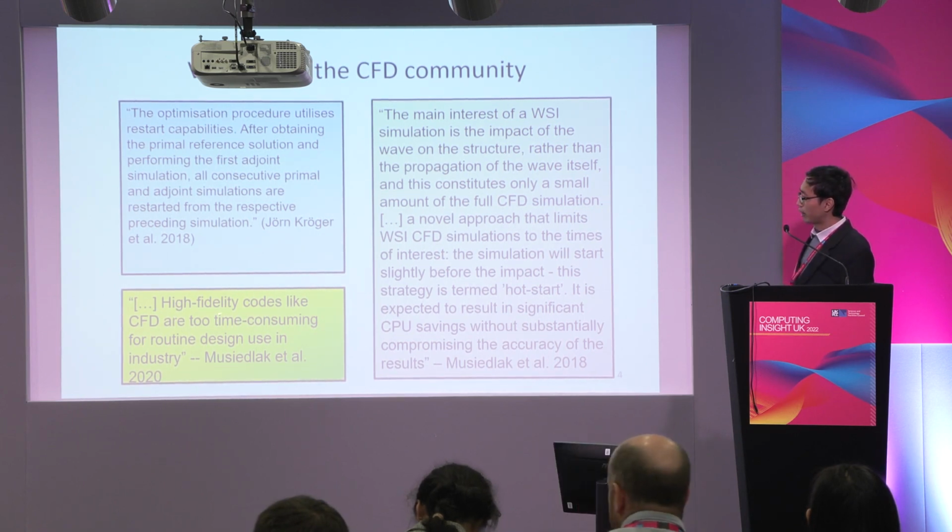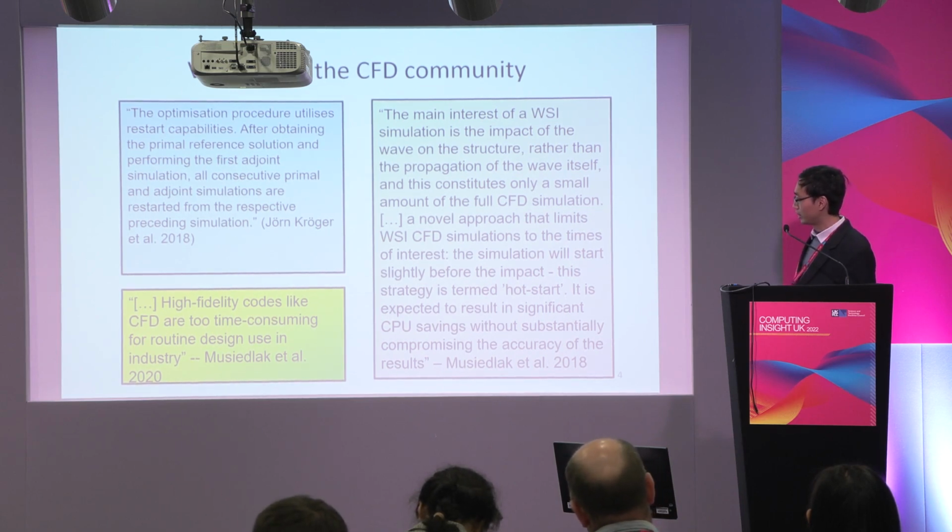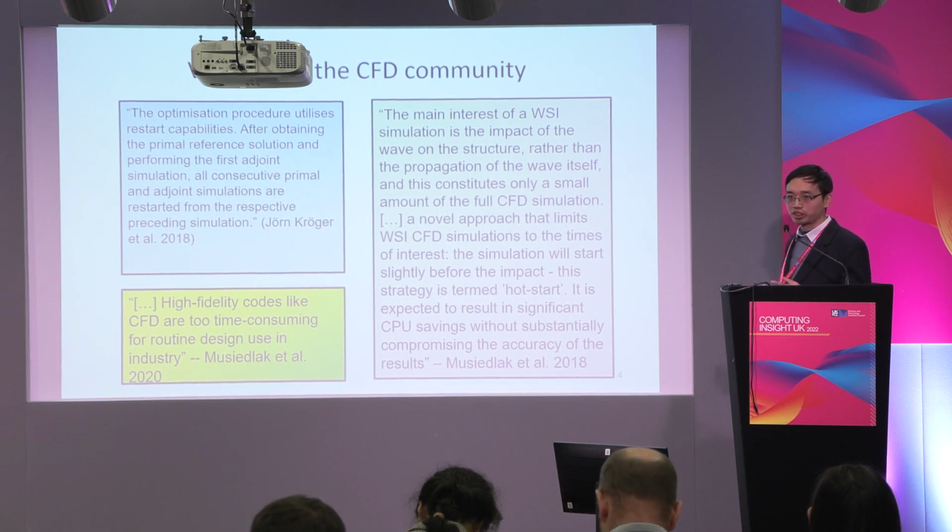Also, they see that high-fidelity codes like CFD are very time consuming for routine design in industry. So in certain cases, they just use a shortcut, a rule of thumb, to determine the size of the structures, to cut the cost and not simulate all the available scenarios.